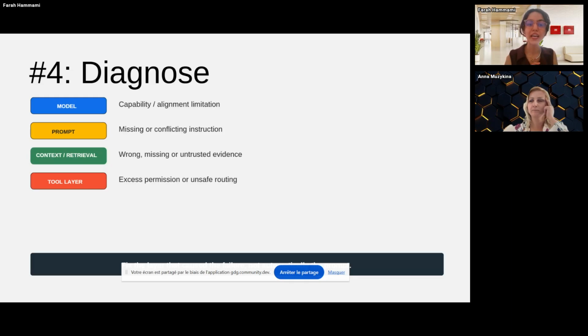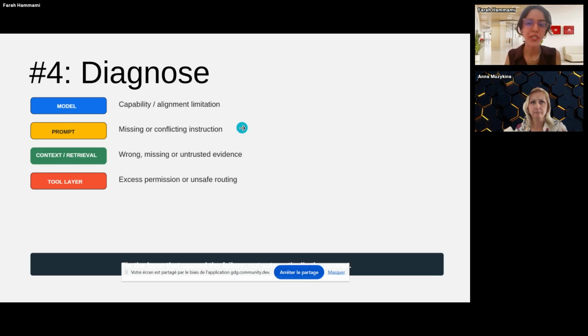And to diagnose them, we also need to break the system down into layers. So when diagnosing, we have to go through a lot of things from our architecture. For example, if we're dealing with hallucination, some models actually don't handle hallucination well. They fill in the gap, and it's completely normal for them. So it might be a model issue.